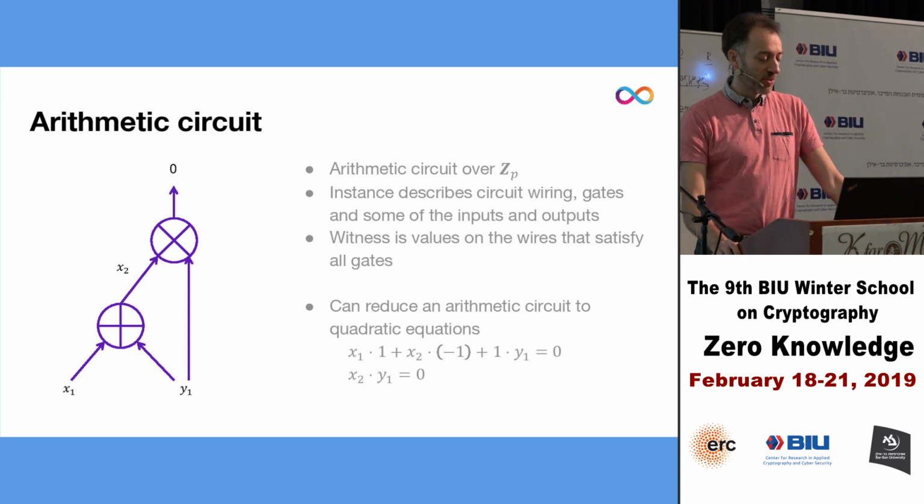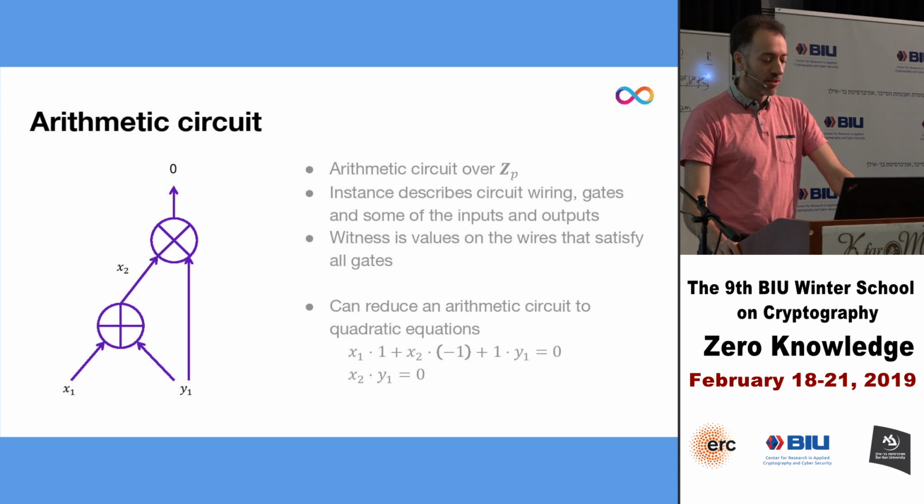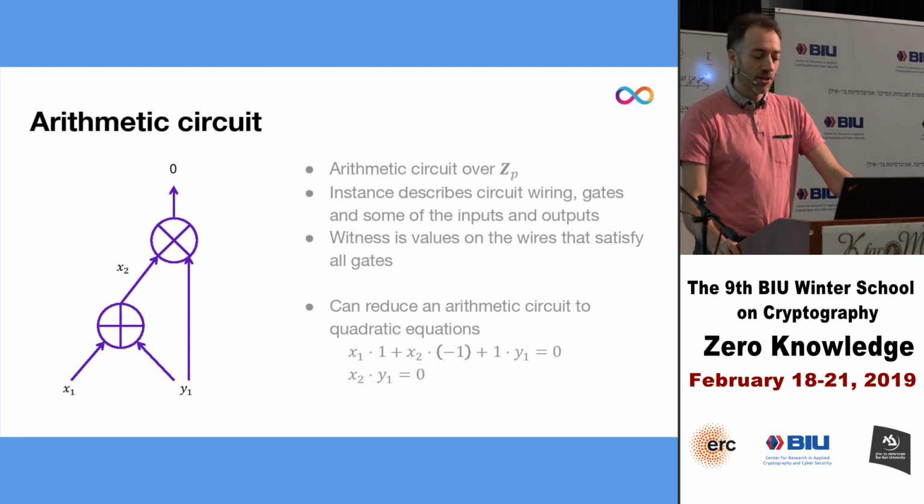In this particular case, if you look at the addition gate, x1 plus y1 should be equal to x2. That's something you can encode with the first equation here. And if you look at the multiplication gate, x2 times y1 should be equal to 0. That's what is encoded in the second equation.